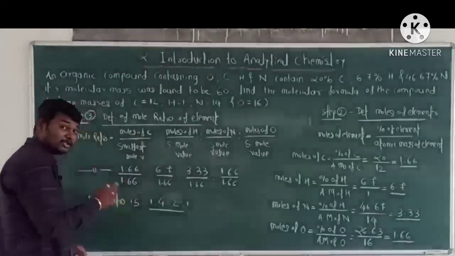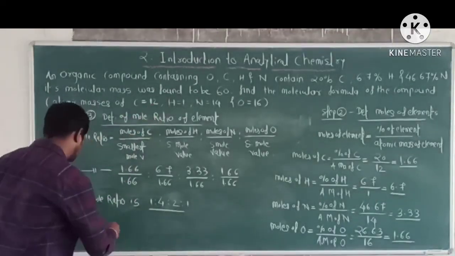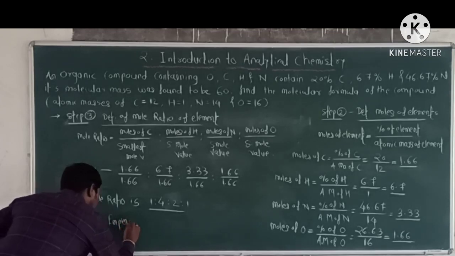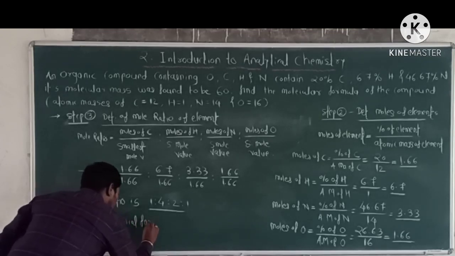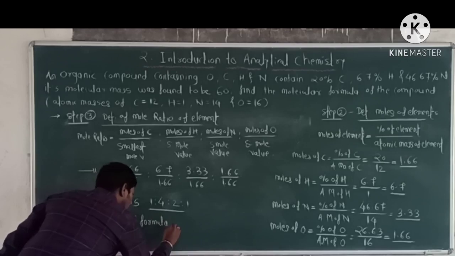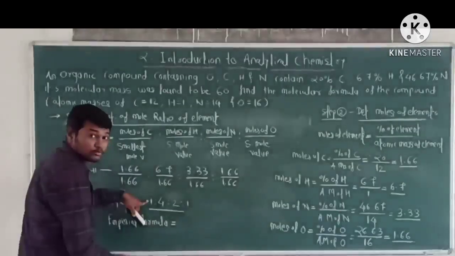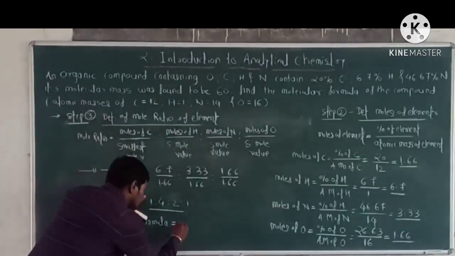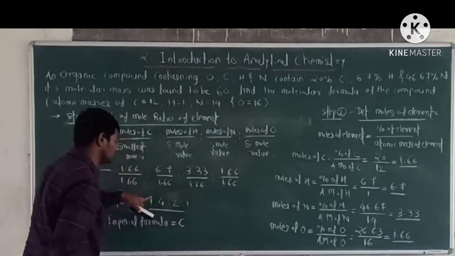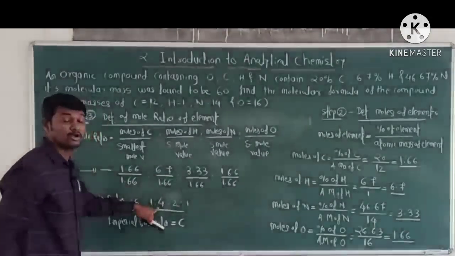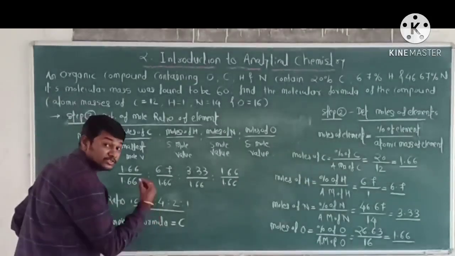Now the empirical formula of this compound is: one carbon, that is C. The mole ratio of hydrogen is 4, that is H4.